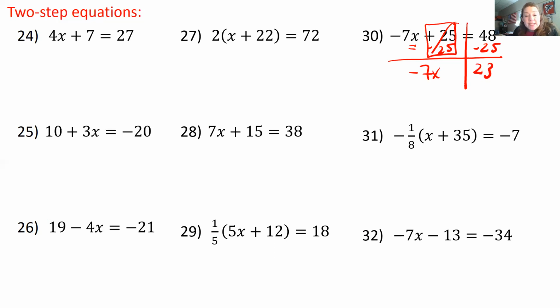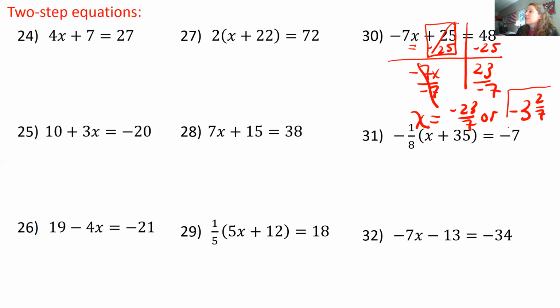And now how do I get rid of times negative 7? We're going to divide by negative 7. So that's gone. So x is equal to negative 23 over 7. Or you could say it goes negative 3 times with 2 left over. So either of those answers is good.